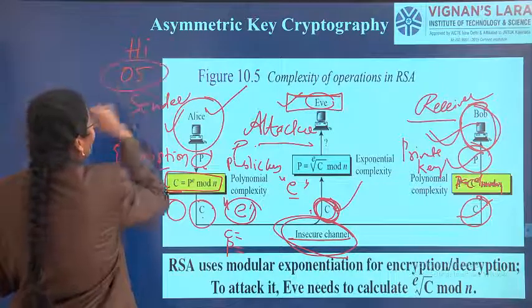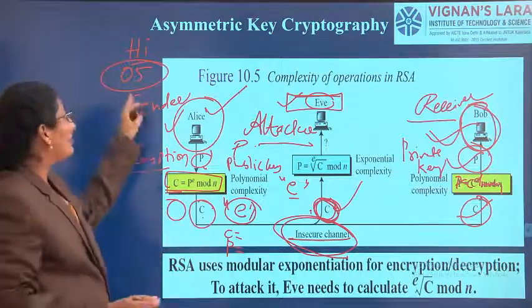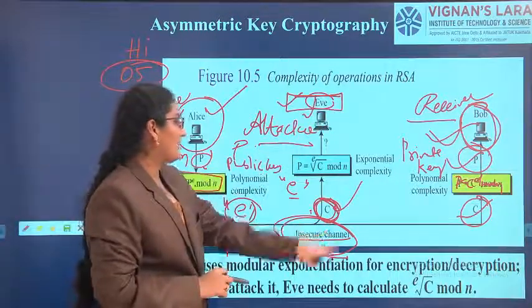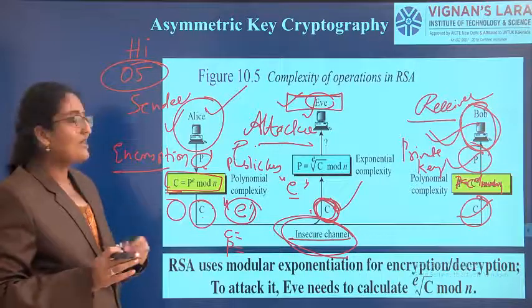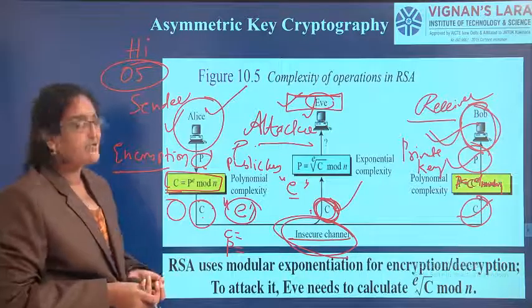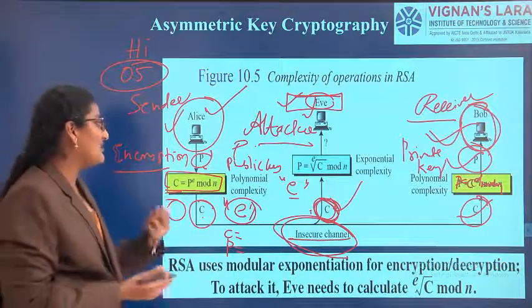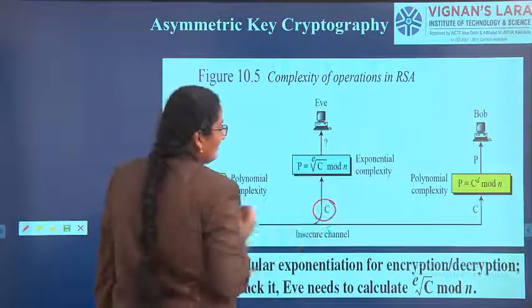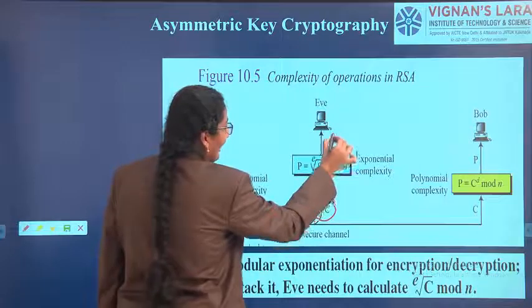If somebody attacks on 05, they cannot understand that 05 is hi. So Eve cannot understand that ciphertext. Obviously he needs to convert that ciphertext into plain text. If he wants to convert it, we have the formula. He got the ciphertext and he should understand the plain text.